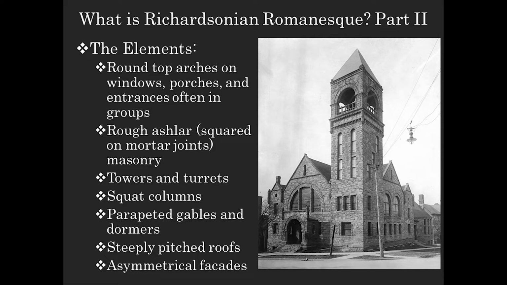If you see roof lines not extending beyond the wall, that is not a parapet. You'll also see, like in this case with the Congregational Church, steeply pitched roofs, greater than a 45-degree angle. And lastly, like you see in the church here, asymmetrical facades, so the building is not uniform from one side to another.